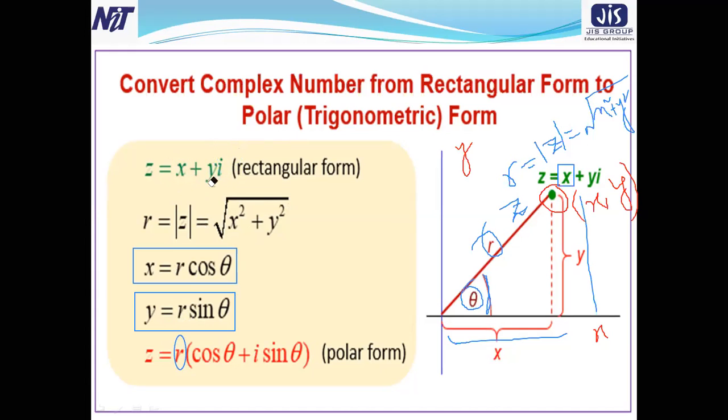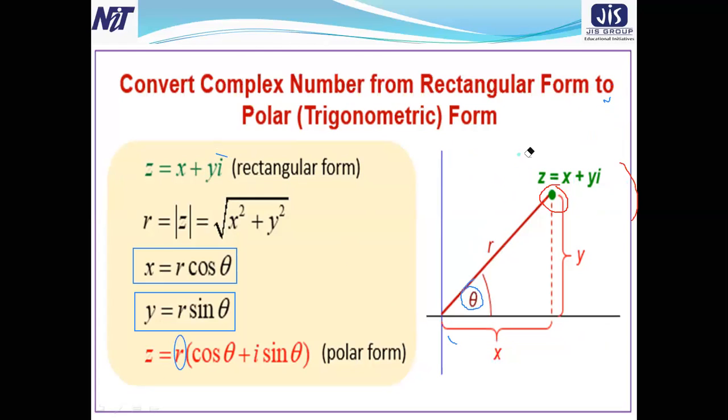Let me show you i. So where is i? This is our i. So z equals r into cos theta plus i sin theta. In this way, we can convert rectangular form to polar form.